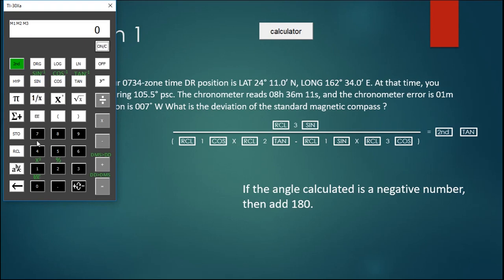We'll hit recall 3 sine, divided by, and we're going to start our parentheses because there's parentheses right here.